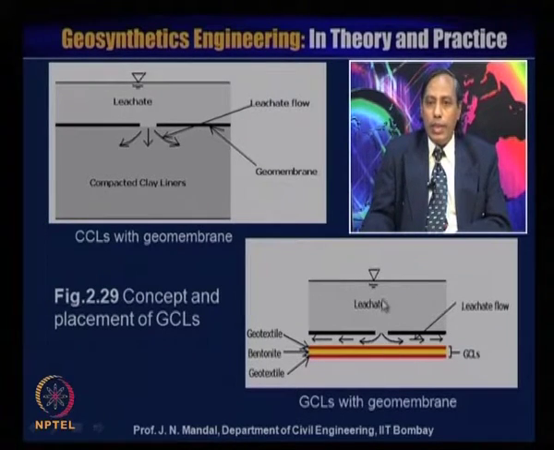When the leachate passes through this, you can see the direction of the flow. Whereas in a clay liner the leachate flows vertically downward, here it flows laterally, like a transmissivity.